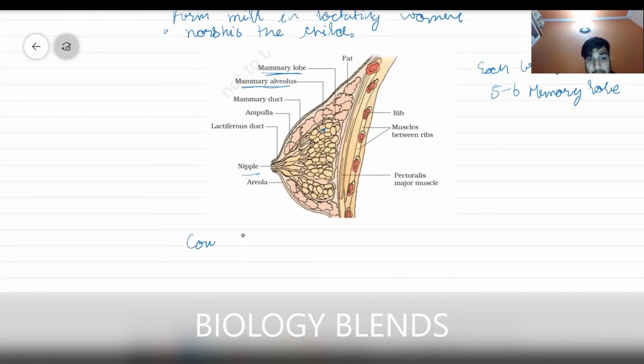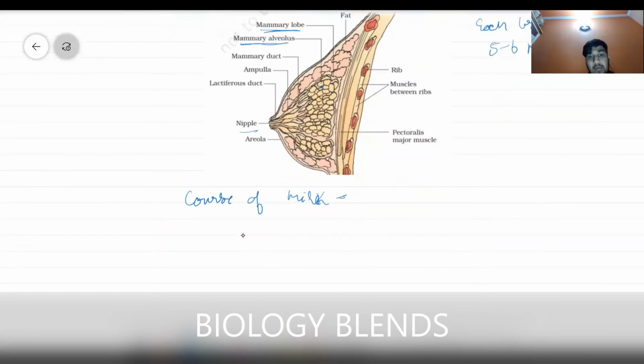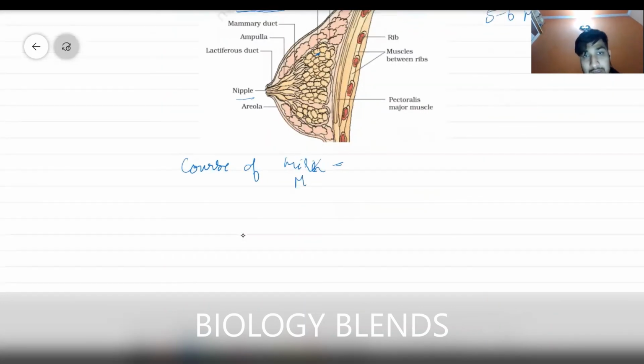So the course of milk: it is formed by the mammary alveolus.